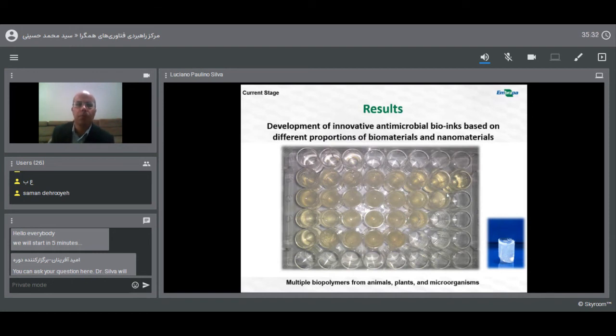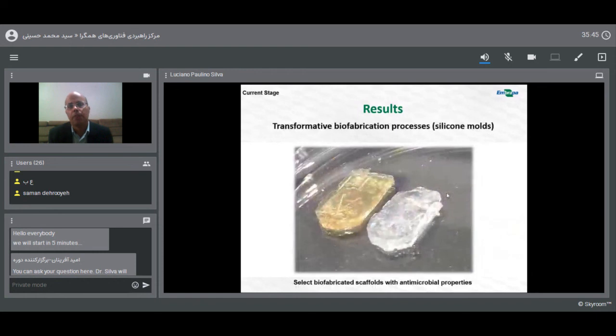to select multiple biopolymers from animals, plants, and microorganisms that could be applied in order to produce bioinks. We have used a transformative biofabrication process using silicon molds to produce and select biofabricated scaffolds with antimicrobial properties.